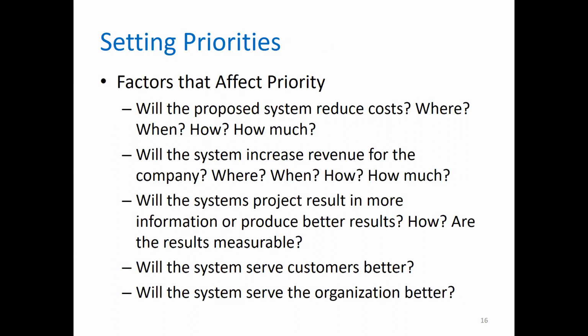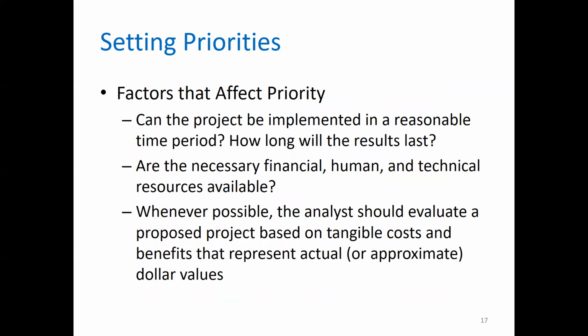Will the system project result in more information or produce better results? How? Are the results measurable? Will the system serve customers better? Will the system serve the organization better? Can the project be implemented in a reasonable time period? How long will the results last? Are the necessary financial, human, and technical resources available?